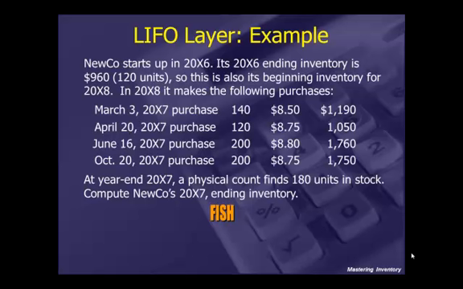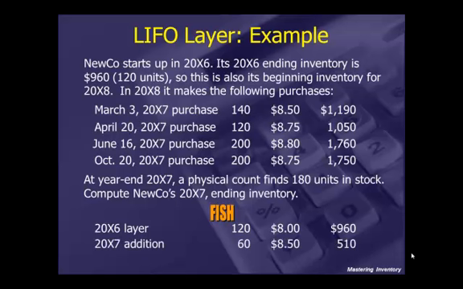Remember FISH, the acronym we use, first in, still here. So the 2006 layer of 120 units at $8 a unit for $960 is still intact. To that, we have added a 2007 edition, which comes from the March 3rd purchase because the last in is the first out.